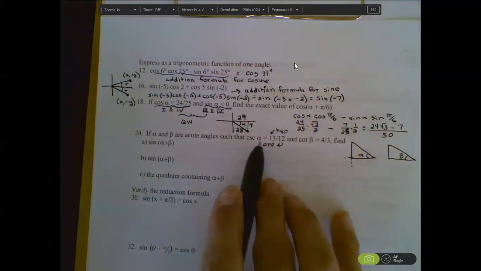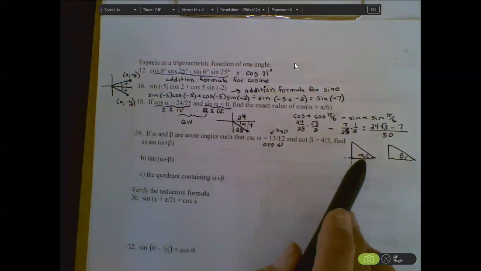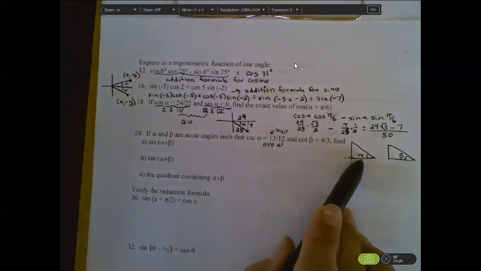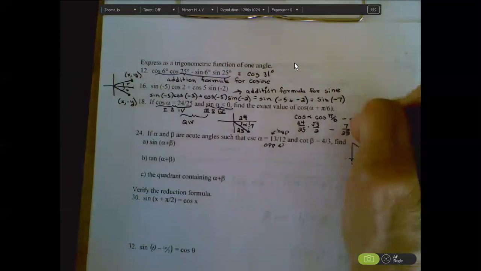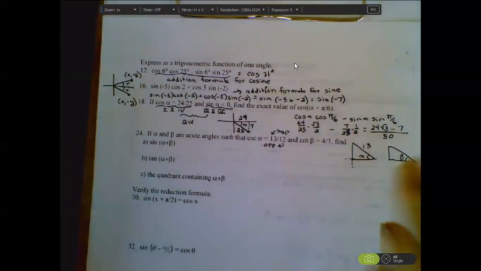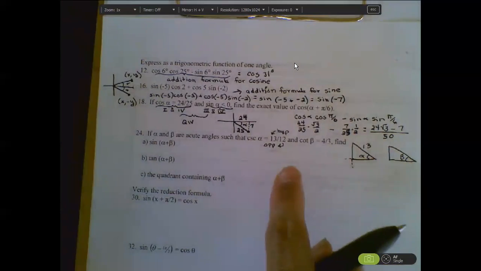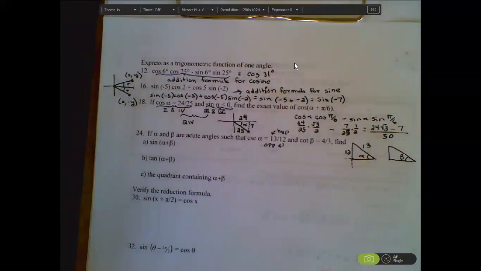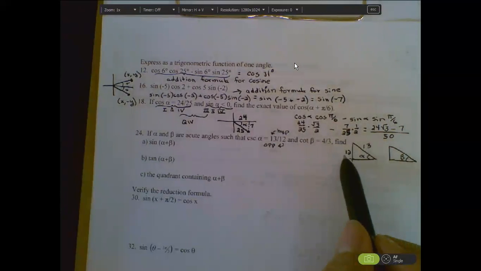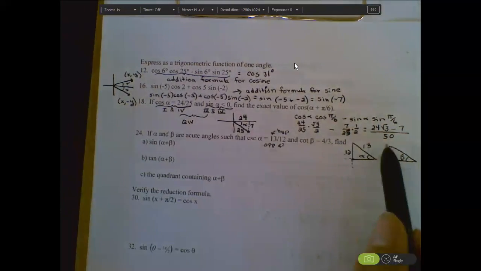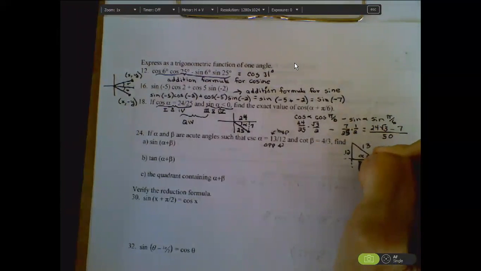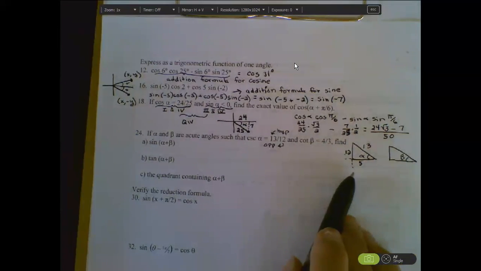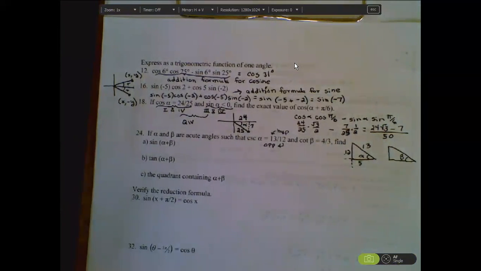In other words, the angle alpha has as its hypotenuse 13, and the side opposite alpha is 12. And 169 minus 144 is 25. Square root of 25 is 5. So 5, 12, 13 is a Pythagorean triple.